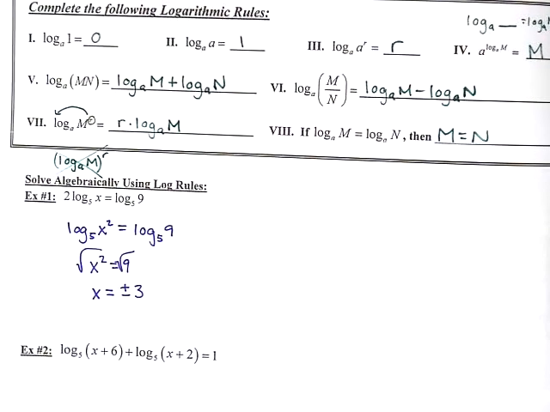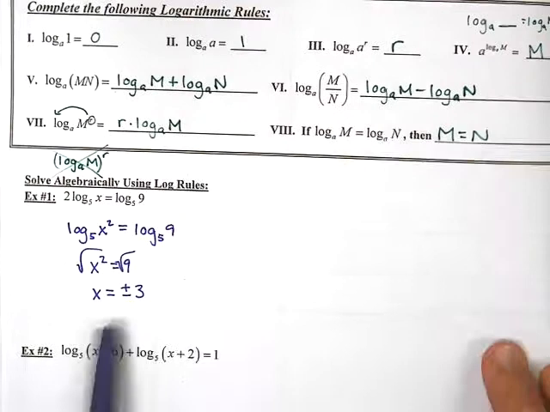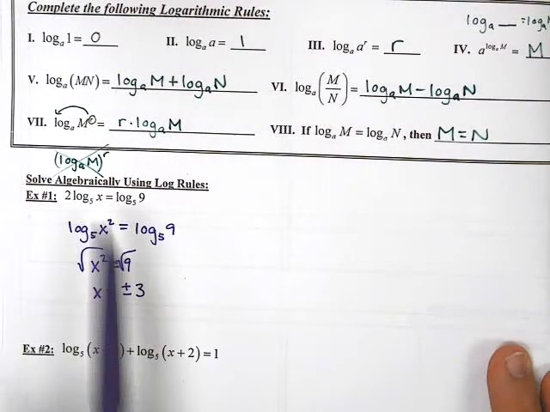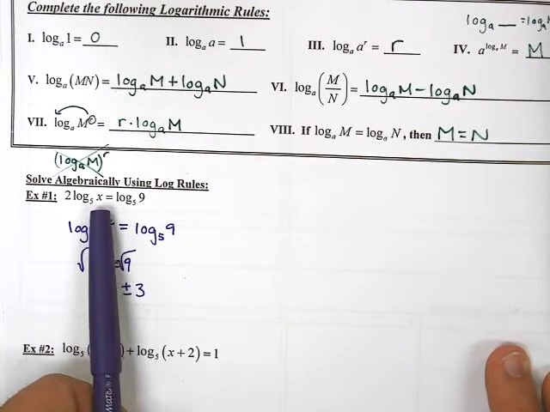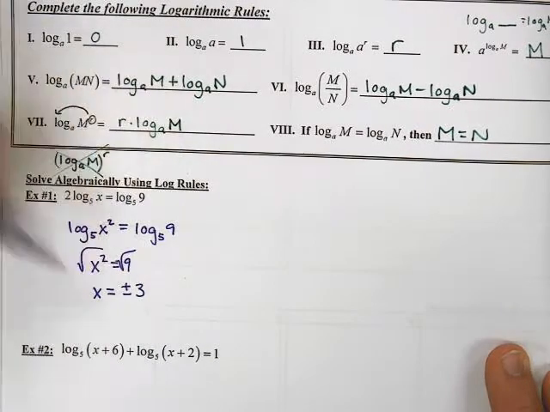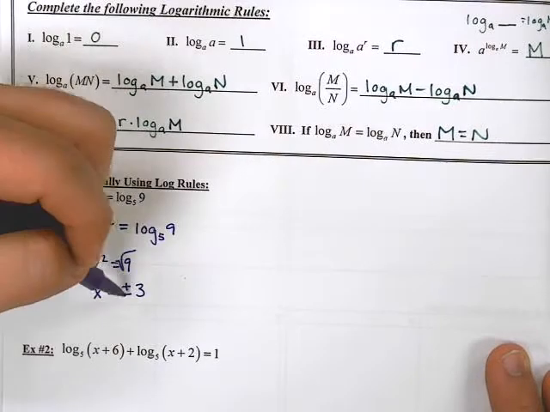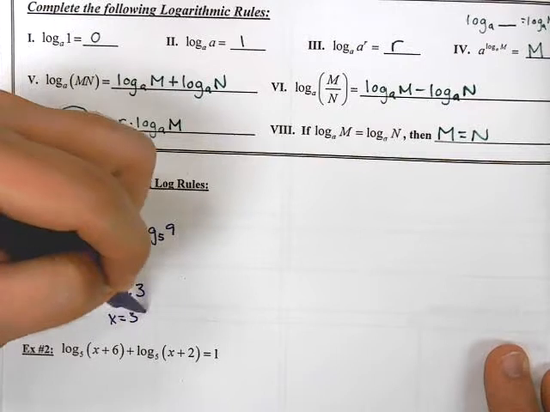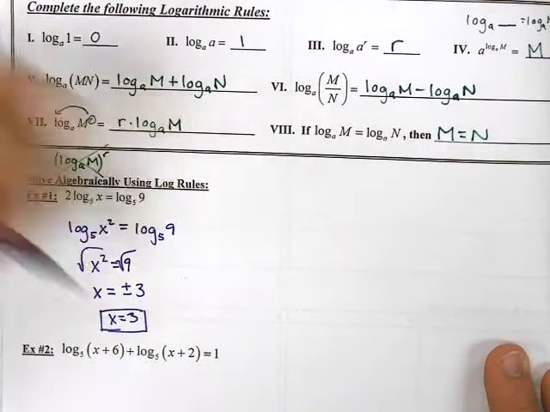Now please be very careful, check for extraneous solutions. I have a log base 5 of x. Well, when I plug in -3, that's going to make my argument negative, so I do not have both of my solutions. The -3 is extraneous, which means I need to write x equals 3 and box it on its own.